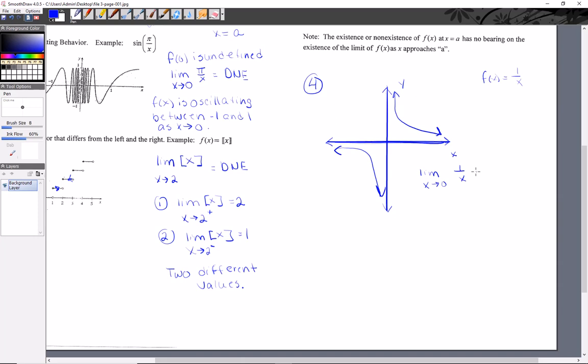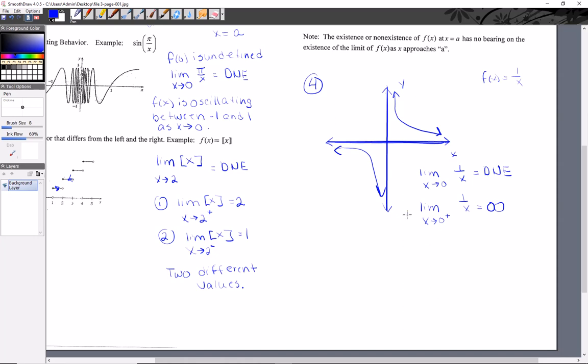And we can look at the limit as x approaches 0 of 1 over x. And this clearly does not exist. The reason why is because if we approach it from the right, this is just going to go to infinity. So the limit as x approaches 0 from the right of 1 over x does not exist, but we'll use the descriptive infinity.